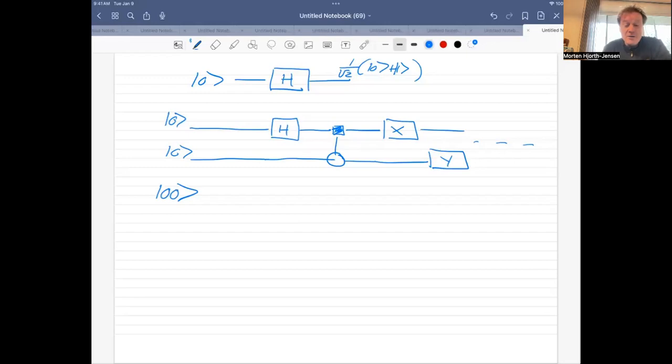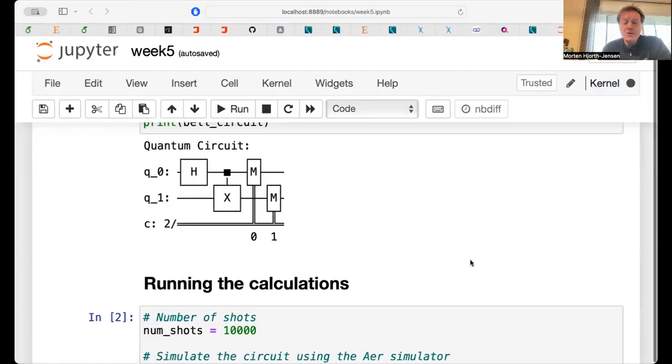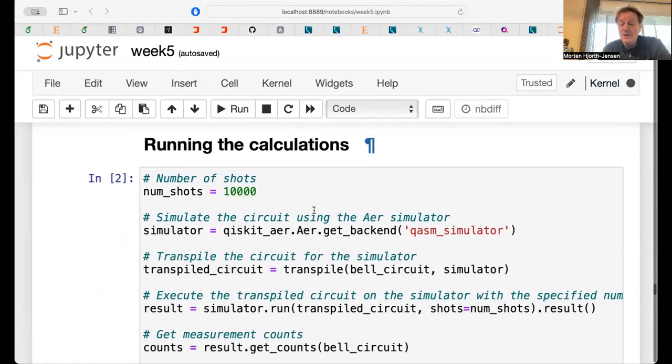So let's go back to the Jupyter notebook for this week. And so you can see now that we are going to perform a measurement on qubit 0, and then we perform a measurement on qubit 1, and we want to figure out in which states they are.